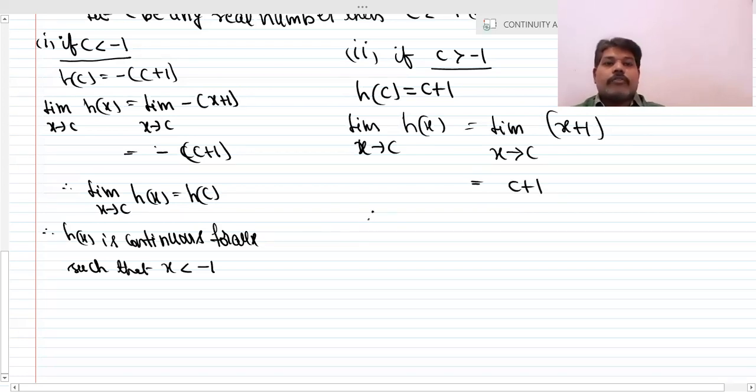Therefore we can conclude that the limit as x tends to c of h of x is equal to h of c.